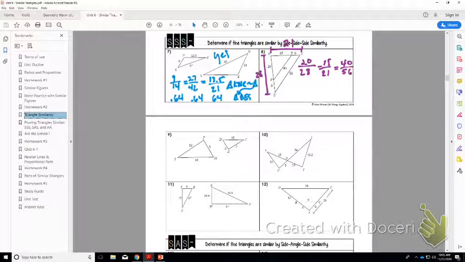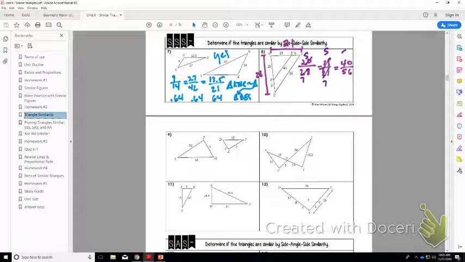All right. I'm seeing some reducing. 20 and 28 by 4, so that'd be 5/7. 15 and 21 by 3. Oh, we got a match. 40 and 56.